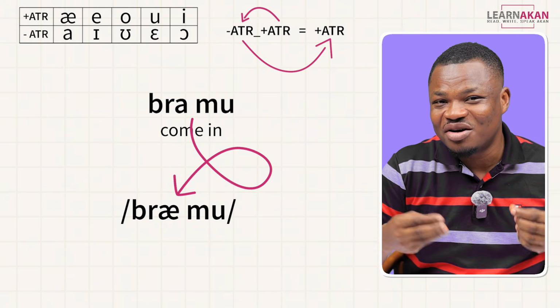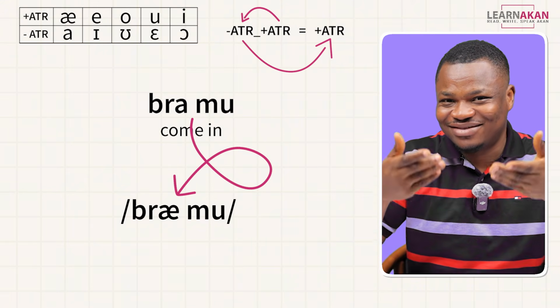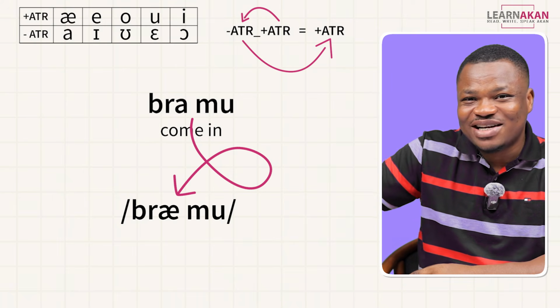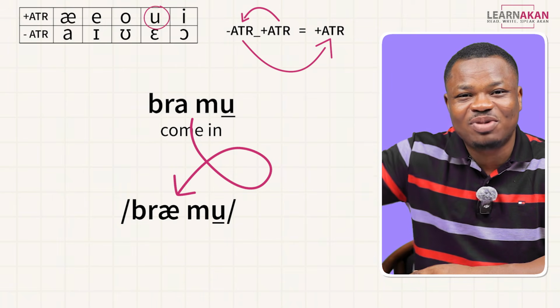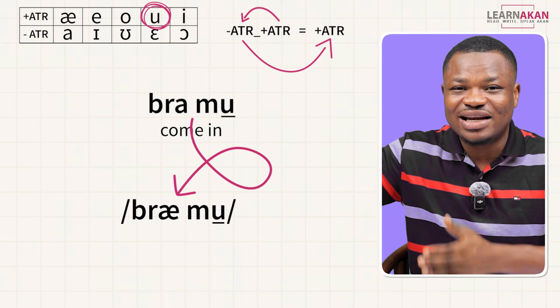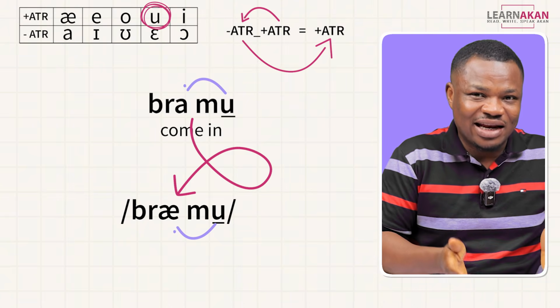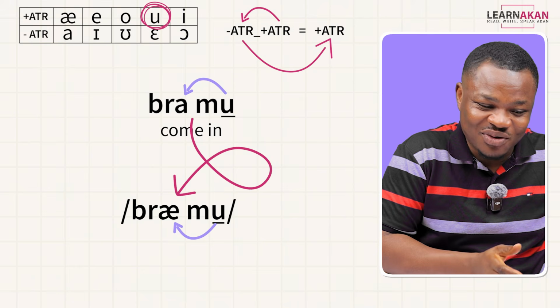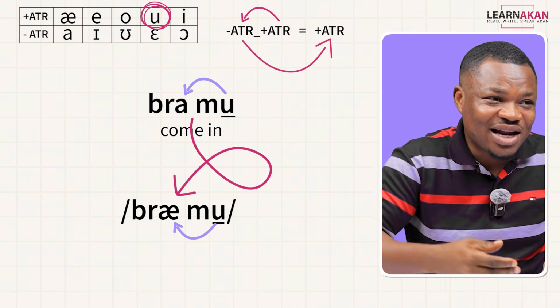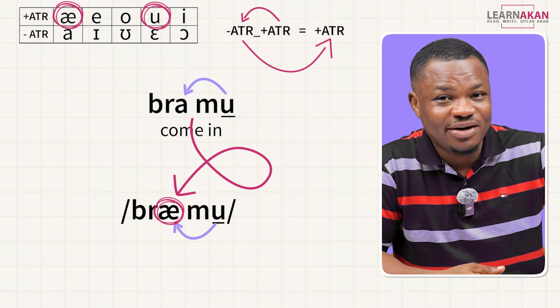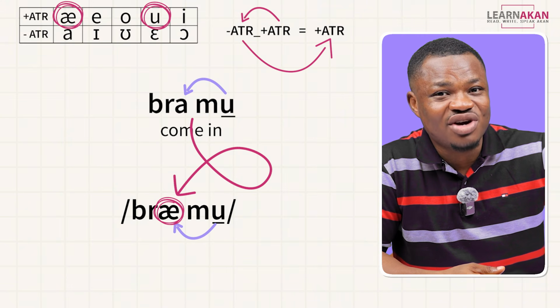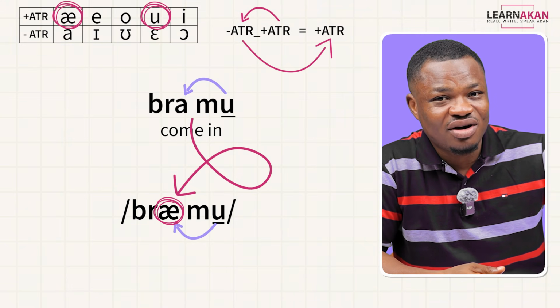And this is so because the first vowel of the second word is u, and u is plus ATR. So that u in the second word will cause the last vowel of the first word, which is a here, to be pronounced as the plus ATR version, which is e. So you hear bremu.